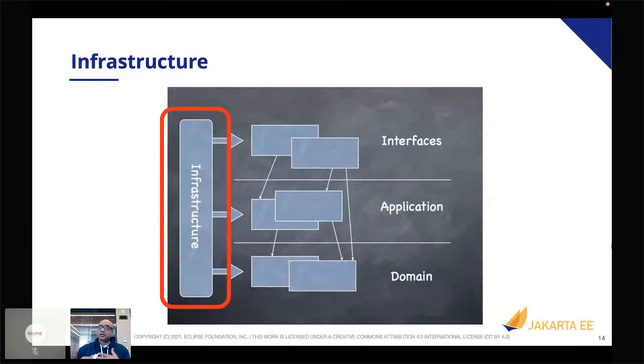So all you need to do in order to add a bit of infrastructure is just take your application, domain or interface layer concern and just add an annotation to it. And lo and behold, you're getting a bunch of infrastructure services without really realizing them.